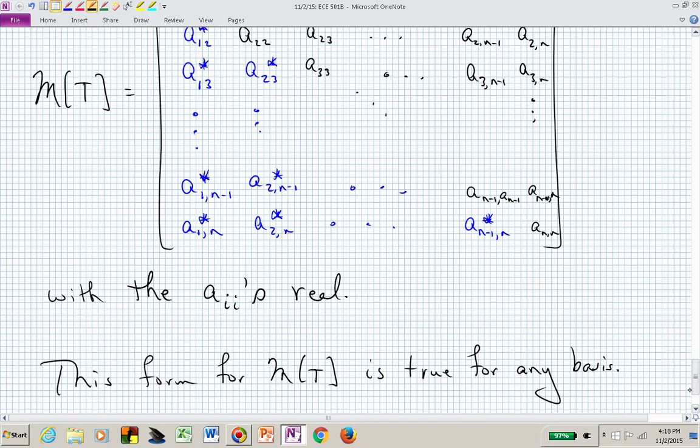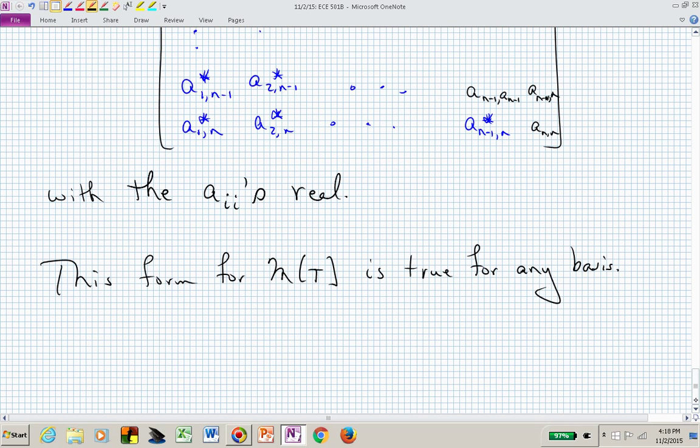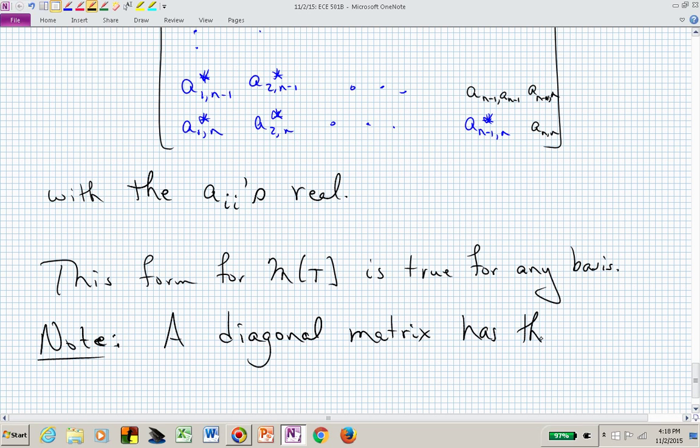And now we're saying that this form for that matrix representation is true for any basis. And if we even specialize this a little bit more, to where we had a diagonal matrix, this diagonal matrix has this structure as long as what?